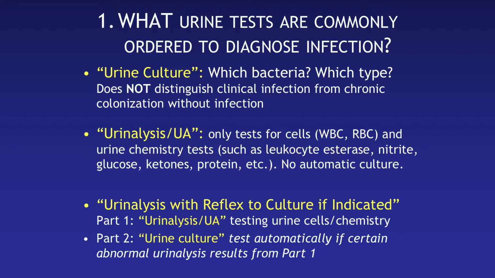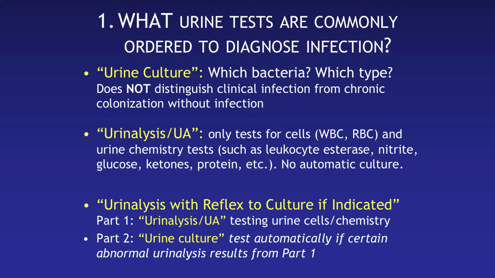This test is also used to test for other non-infectious conditions, such as kidney stones by looking for blood in the urine, or some types of kidney disease by screening for protein in the urine. New information to note is that it is no longer considered appropriate to diagnose and treat a urinary tract infection in a healthcare facility by urinalysis results alone.